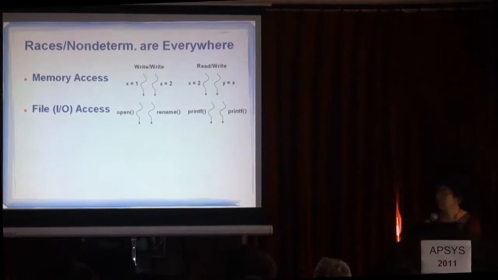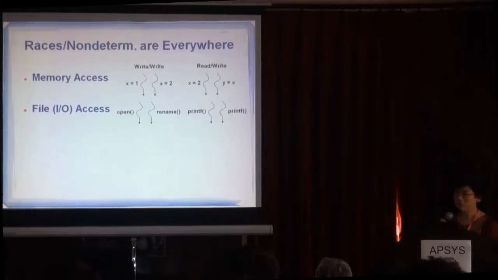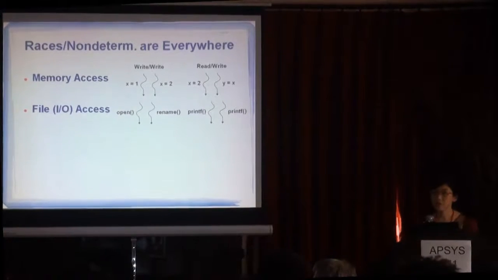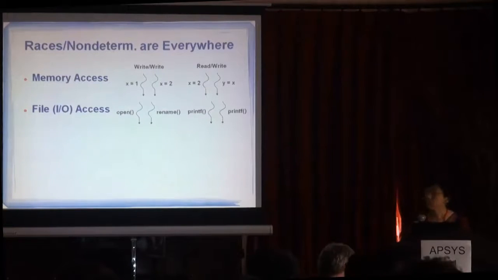So for memory access and file access, if two processes access the same shared variable or shared files, a data race may occur.